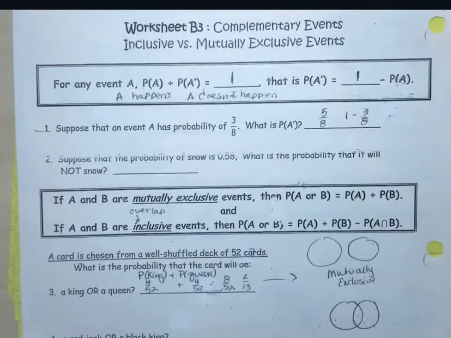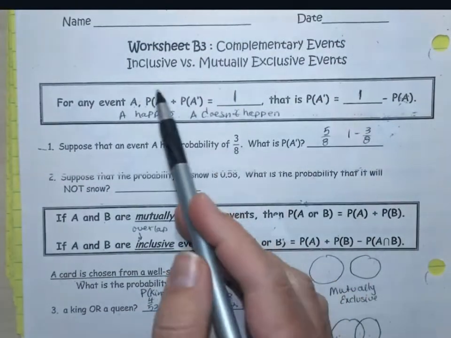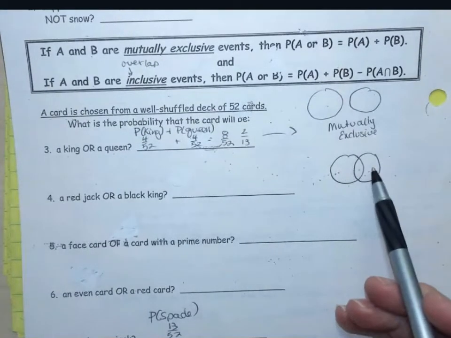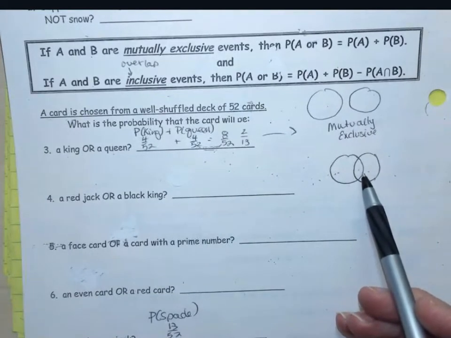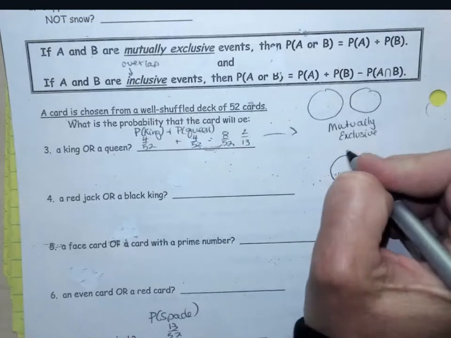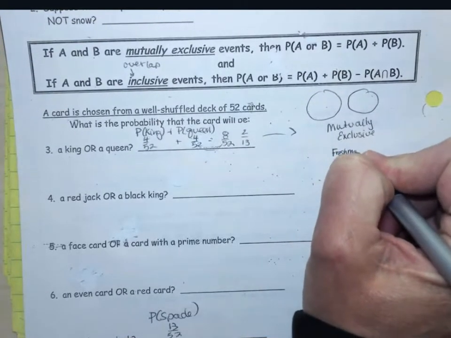On the back, or on the second page, we have inclusive. An inclusive event means that it's something that can happen, two things that can happen at the same time. So, for example, if I wanted to find the probability that you were a freshman in this class, well, this might be all of the names of every freshman.